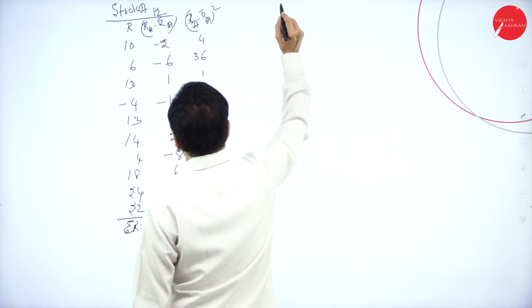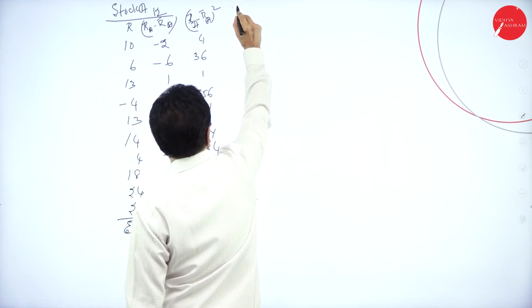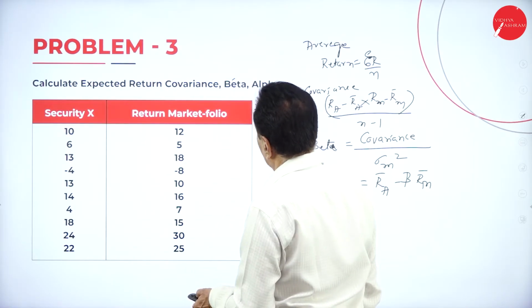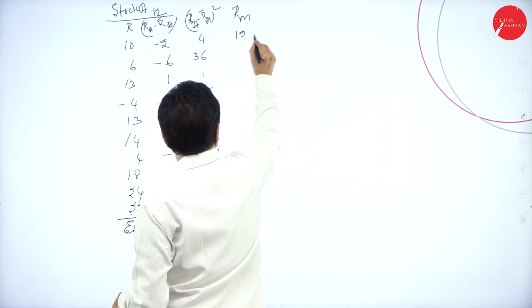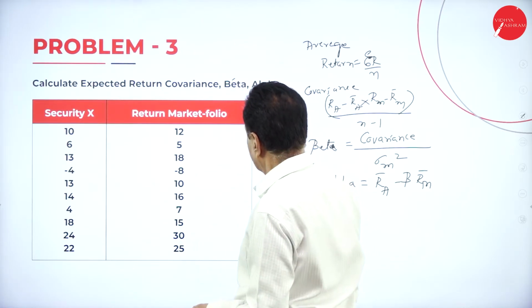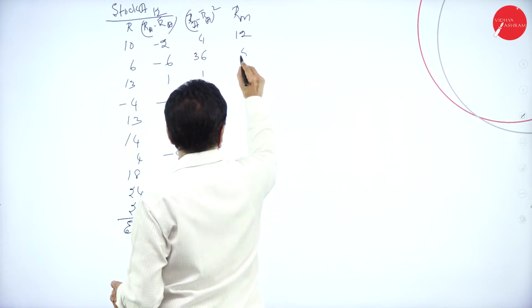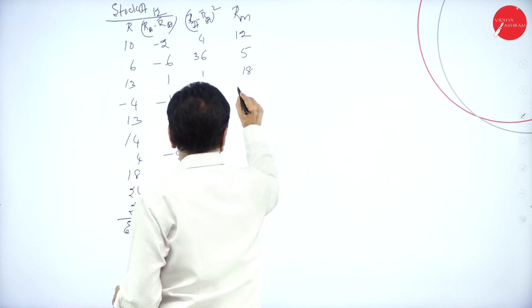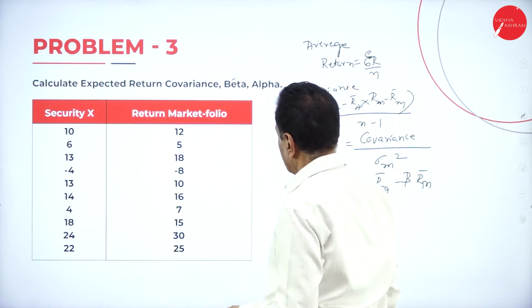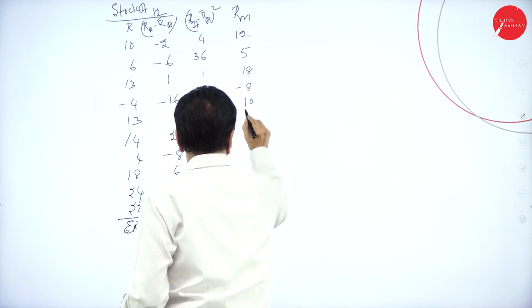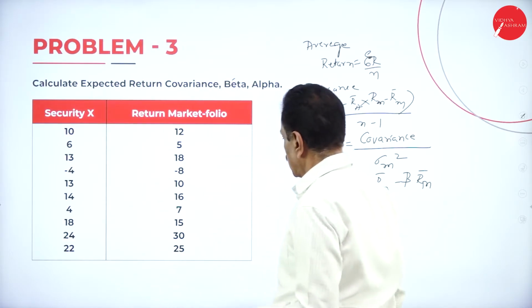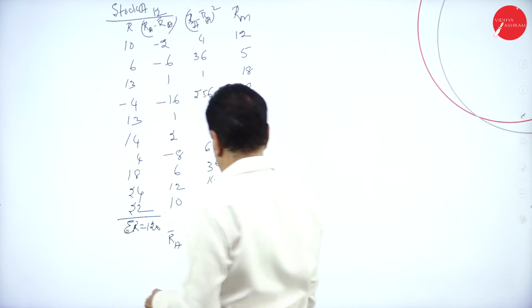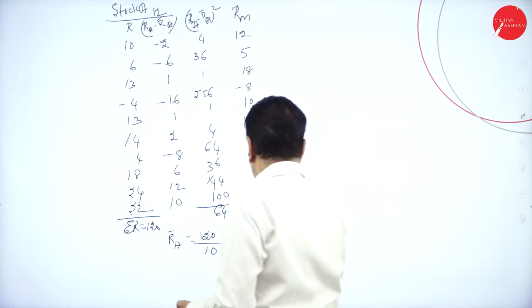Then come back to the market. Return on market portfolio: 12, 5, 18, minus 8, 10, 16, 7, 15, 30, 25.